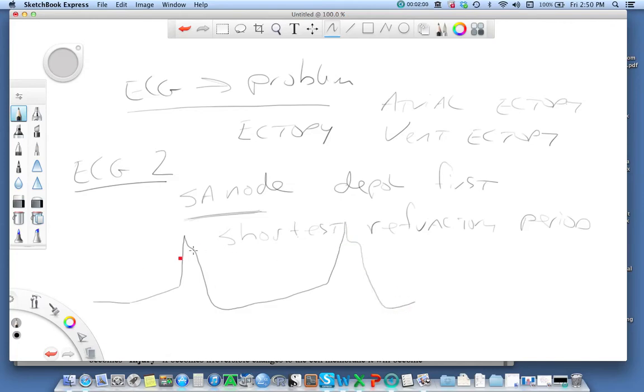This is the electrical depolarization and repolarization, and then the resting membrane potential of the SA node. It is happening quite frequently.